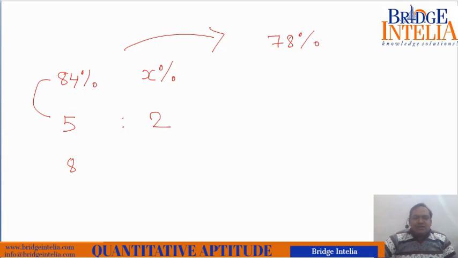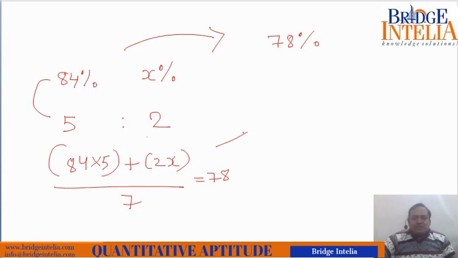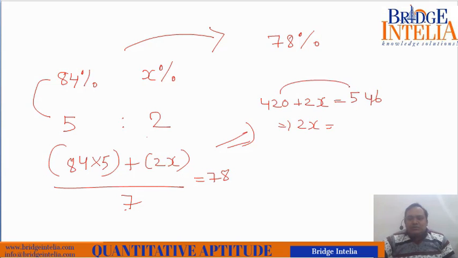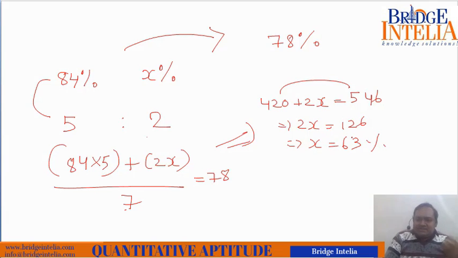So if you take weighted average, 84 into 5 plus x into 2, that is 2x, divided by 5 plus 2, that is 7, should be equal to 78. So let's solve this. So 84 into 5, so 420 plus 2x is equal to 7 into 78. So 546. So from here 2x is equal to 126. x is equal to 63. Same answer, but this time you can save a few critical seconds.